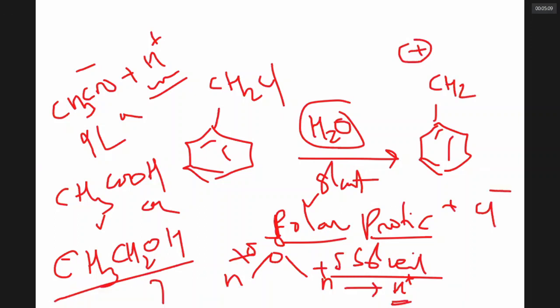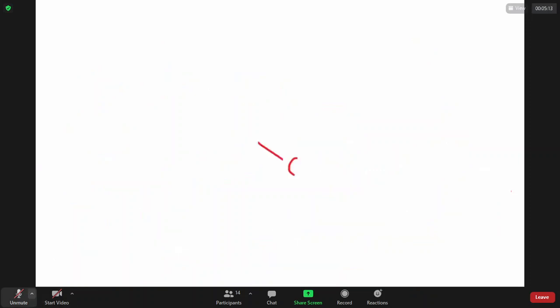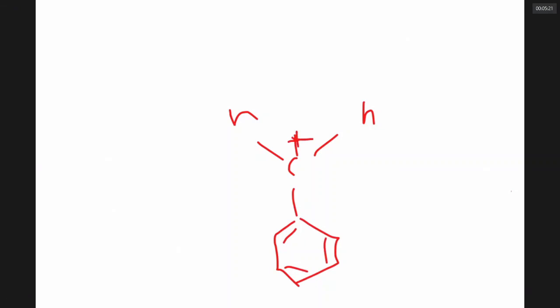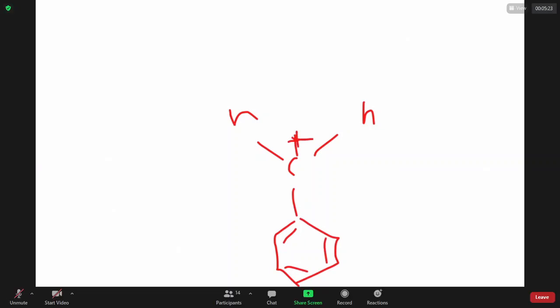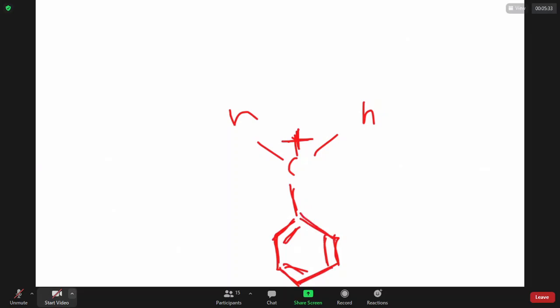This benzyl carbocation, if I look at this carbon, is having two hydrogens, which are very small, and a benzene ring. This carbon, which is carrying positive charge, is sharing its positive charge with a double bond because there is a positive charge, single bond, double bond, single bond, double bond, single bond, double bond, single bond. This is called a conjugated system.